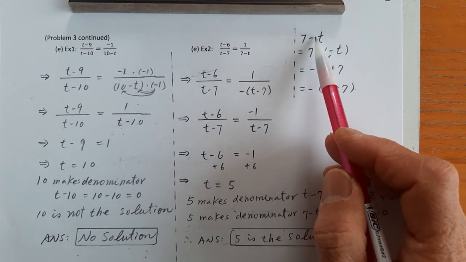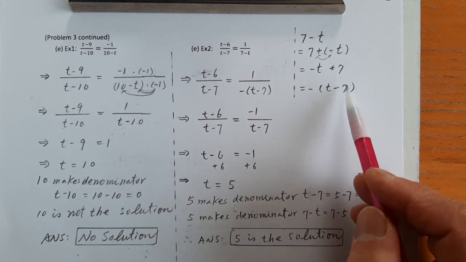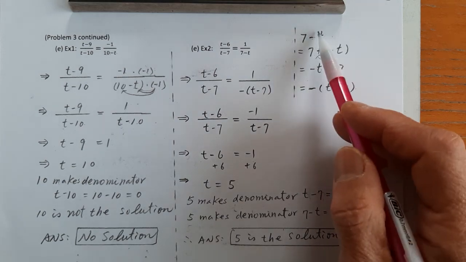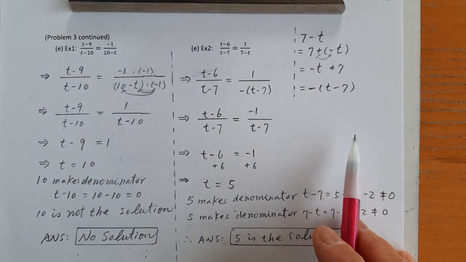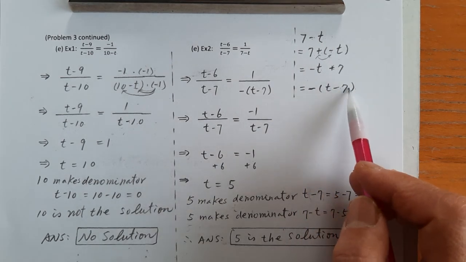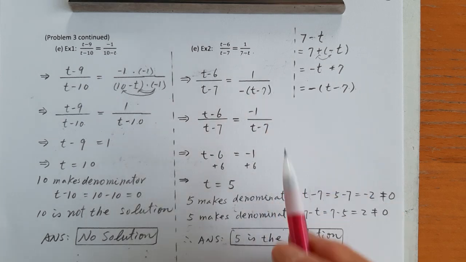For example, if t equals 1, 7 minus 1 is 6, and 1 minus 7 is negative 6. With a negative sign in front, it becomes positive 6. So 7 minus t equals negative parentheses t minus 7.